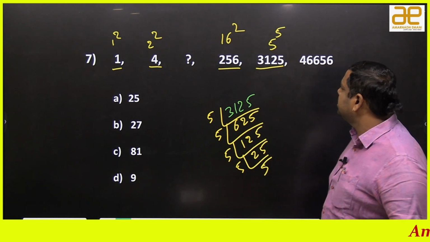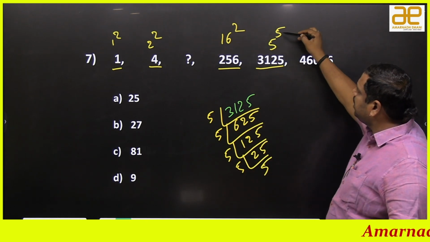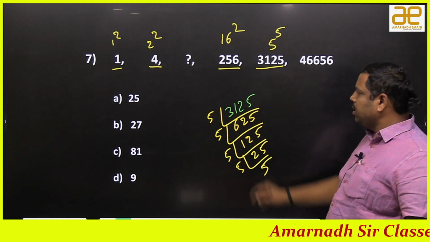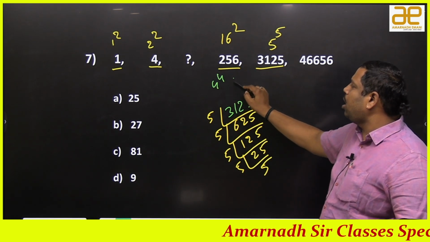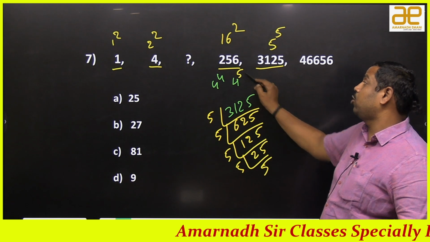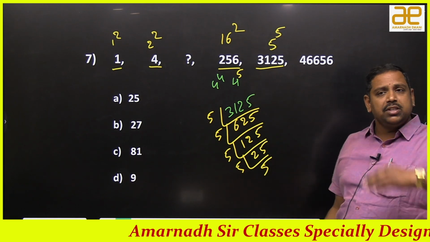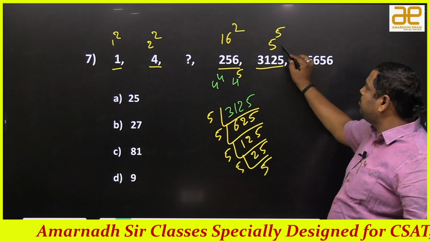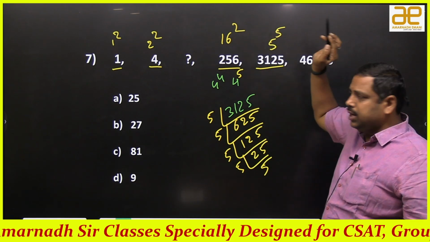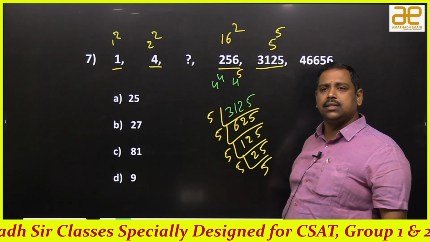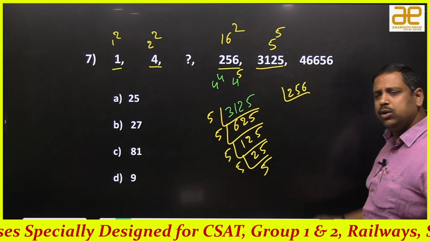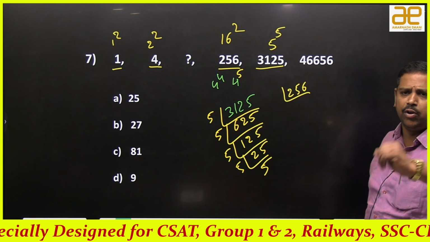What I have to observe is, this is 5 power 5, meaning these two numbers are the same. So this might be either 4 to the power of 4 or 4 to the power of 5, I am not sure. All the powers might be raised to power 5 or base and power might be the same, yes or no? Okay, so now I have to cross check 256. Of course, if you can do it directly, that's the best option, 4 power 4 it is.